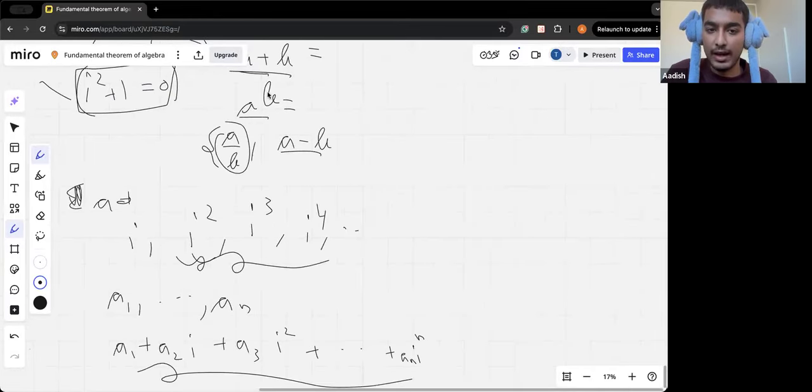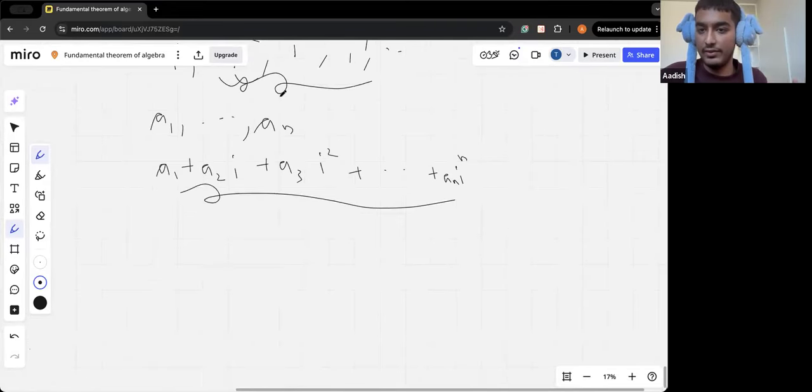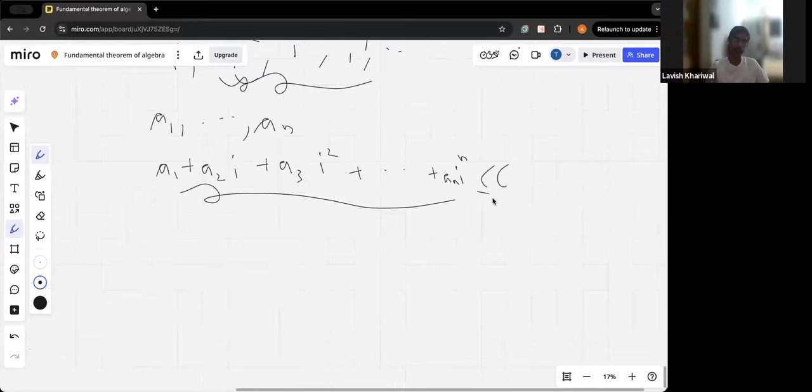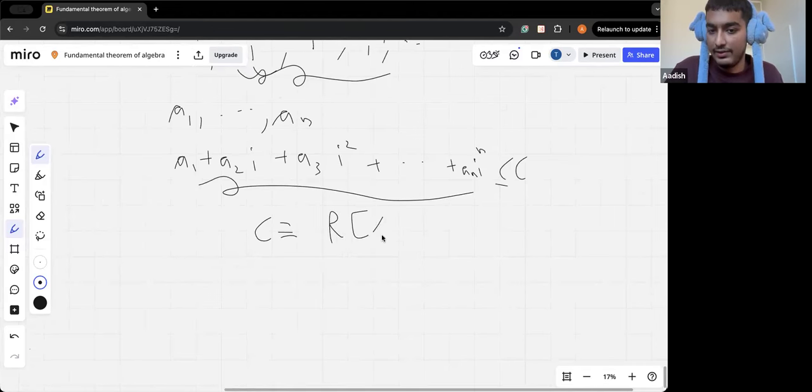Just due to addition, subtraction, and multiplication, we know all numbers of this form exist in C. So in fact, these are just all polynomials in i. We can say that C is the set of all polynomials in i. C is equivalent to R[x], but instead of x, we are using the letter i.